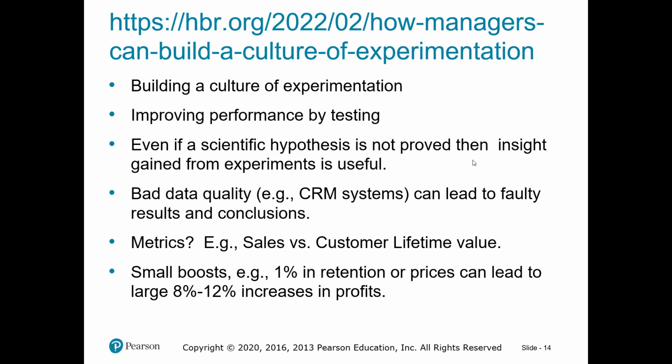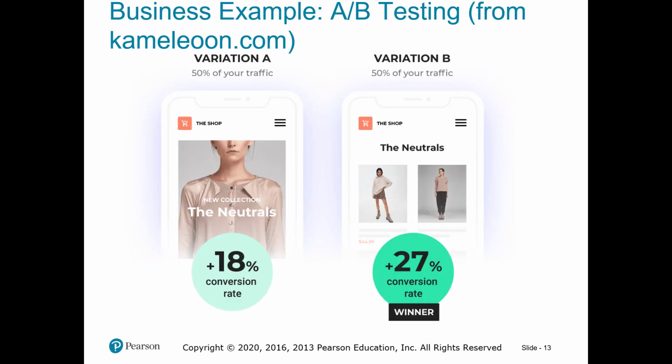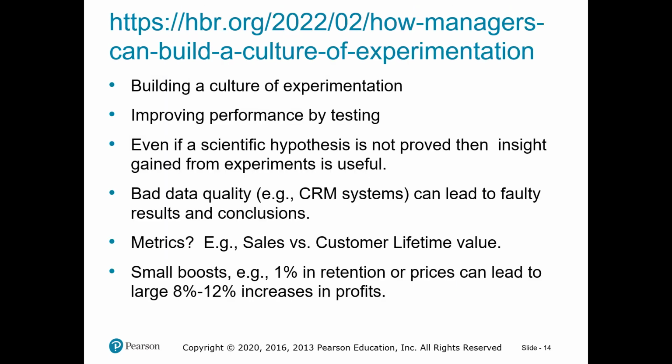And the idea is, even if we don't actually prove a scientific hypothesis, just by doing some descriptive analysis, for example in the previous example, we could do a bar graph, some charts of conversion rates. Just by thinking about a scientific process, even without statistics, we can gain some sort of insight into our data.